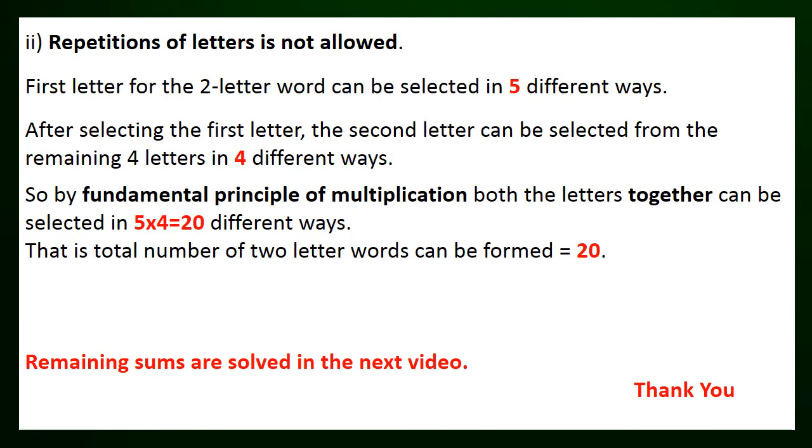Second case, that is, repetition of letters is not allowed. So the first letter for the 2-letter word can be selected in 5 different ways because initially there are 5 letters. Now after selecting the first letter, the second letter can be selected from the remaining 4 letters because the already selected letter cannot be repeated. So it is kept aside.